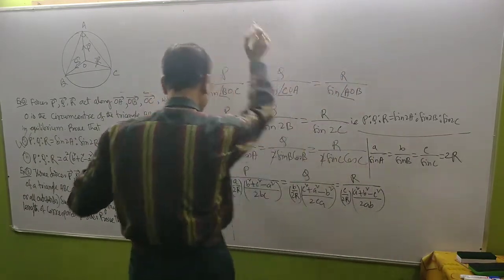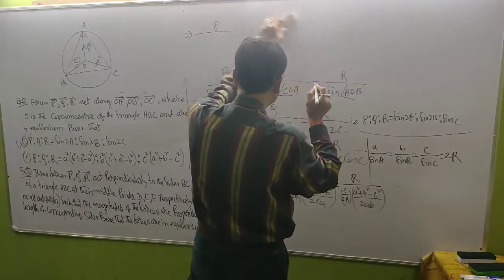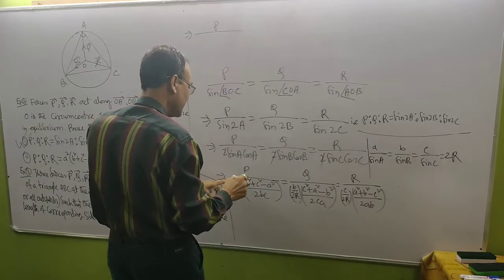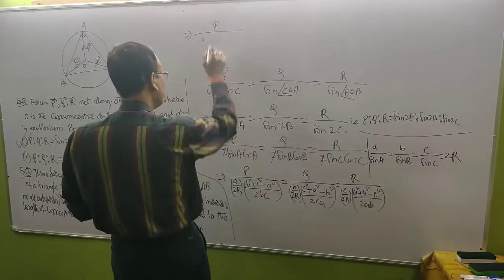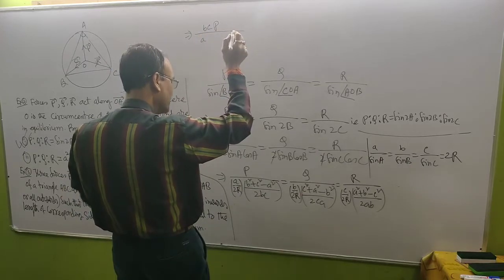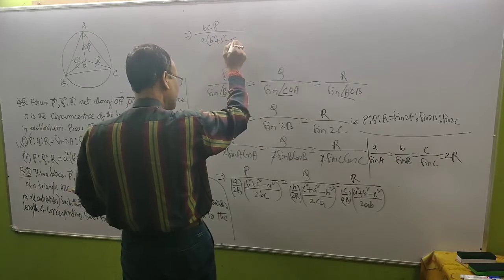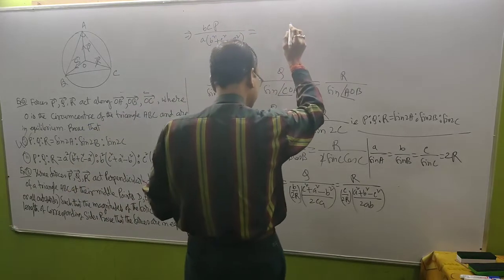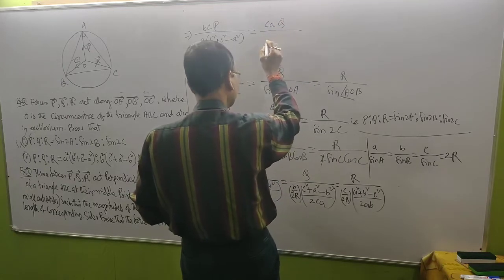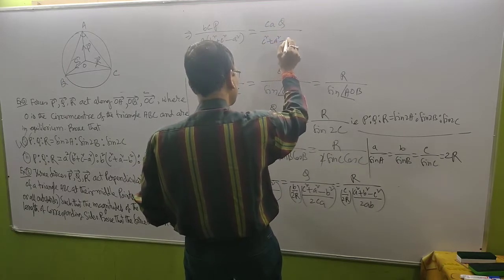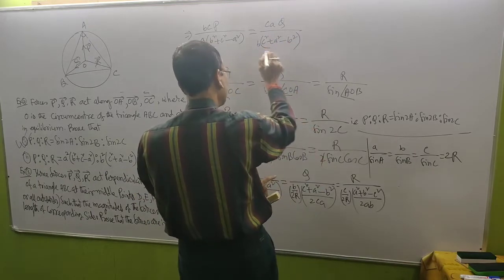Twice R cancel. 2 will be cancelled from each side. This means p divided by a, this bc will go outside to the numerator, a into b square plus c square minus a square. This is equal to ca, q divided by c square plus a square minus b square into b.